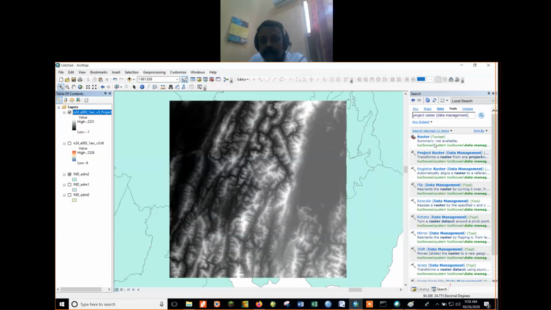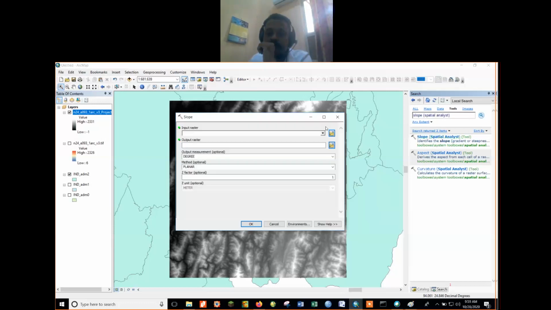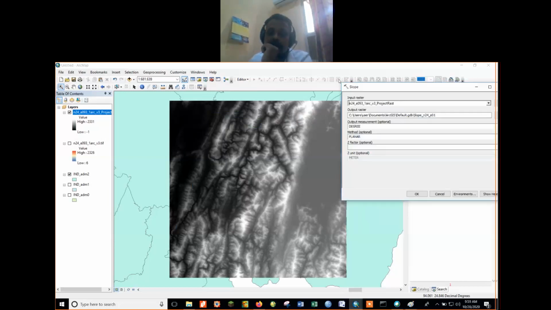Now, as I talked about the slope, let us find the slope. I am using this input projected data as my data source.